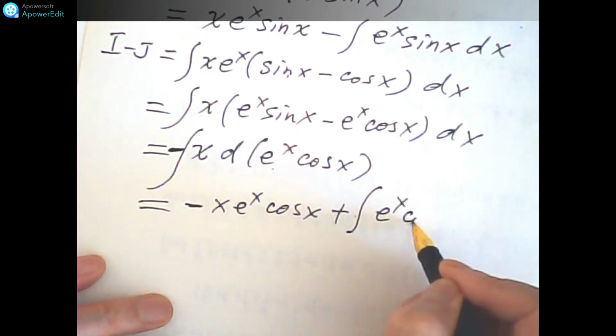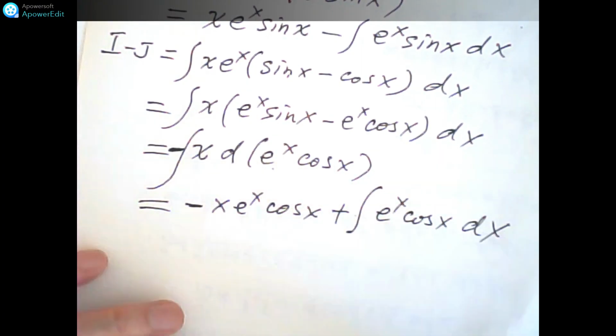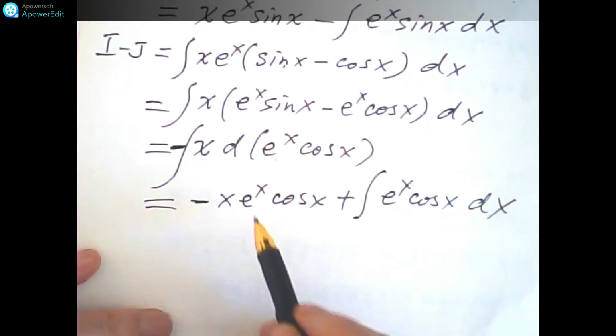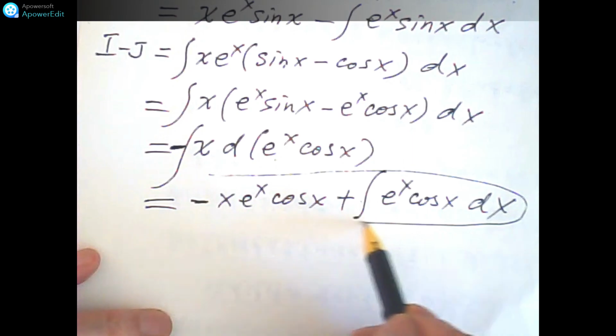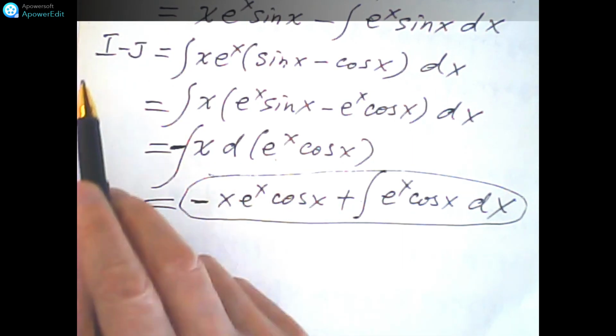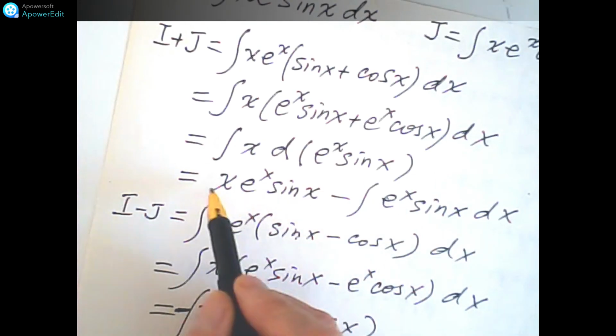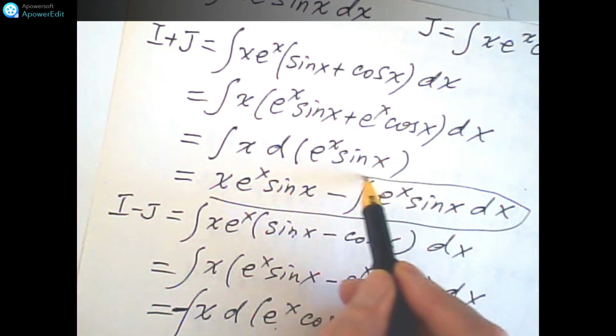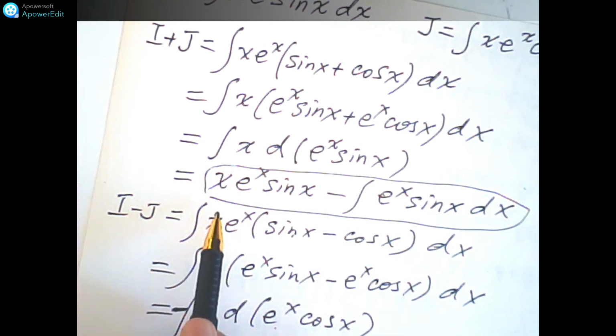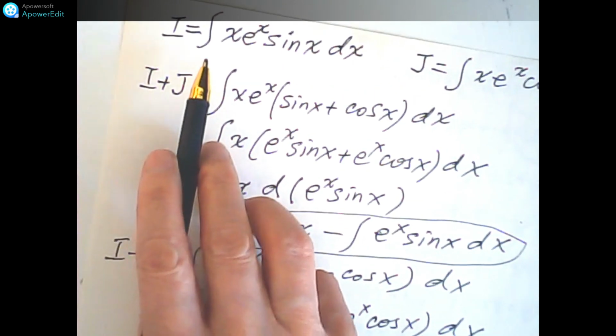E to the x cosine x dx. Yeah, this is my I minus J. This is I plus J. We are looking for I, right?